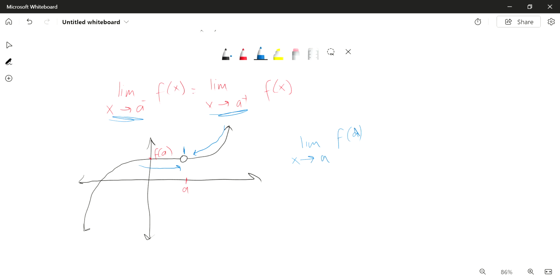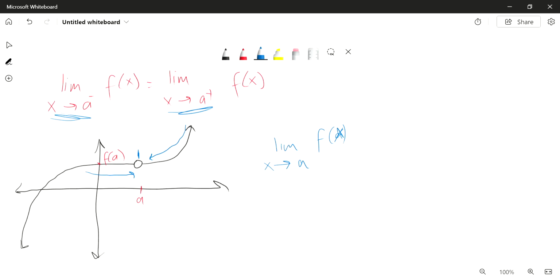Therefore, the limit of f of x as x approaches a exists. But since the function here is not defined at f of a, it's not continuous. The limit can exist, but if the function is not defined at that certain point, it cannot be continuous there.